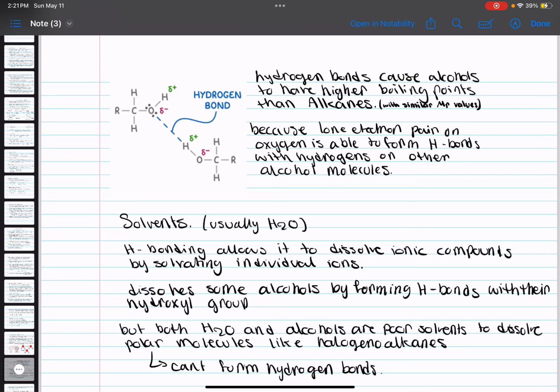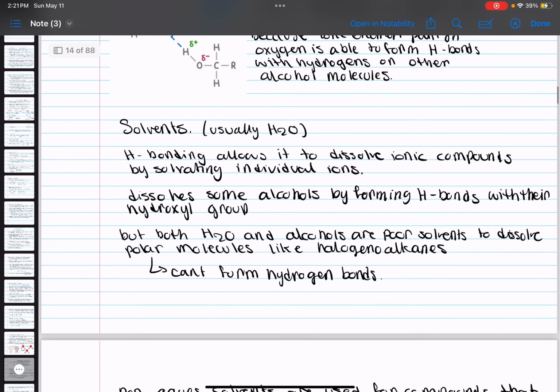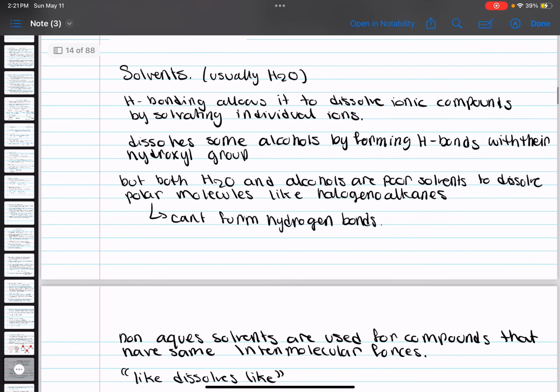So hydrogen bonds cause alcohols to have higher boiling points than alkanes because they have an OH bond. The lone pair of electrons on oxygen is able to form an H bond with the hydrogens on other alcohol molecules. Solvents such as H2O contain H's, so H bonds. H bonding allows it to dissolve ionic compounds by dissolving individual ions, and it dissolves some alcohols by forming H bonds with their hydroxyl groups.